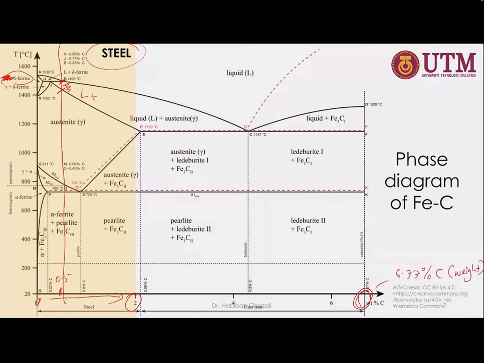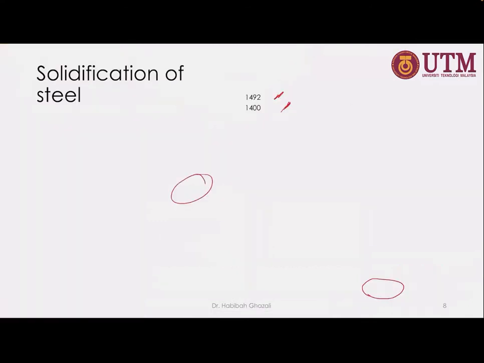liquid plus austenite. Liquid comes from the right side, austenite from the left side. Below this temperature, it becomes a solid single phase austenite. Gamma, its name is austenite. Then entering this region, it has two phases: from the right side is austenite, from the left side is alpha.